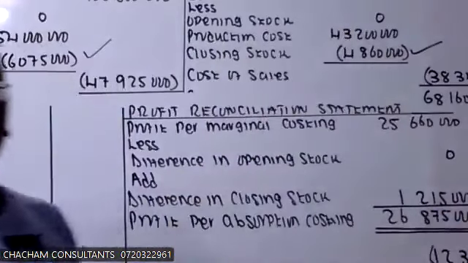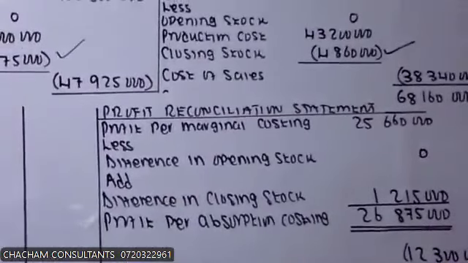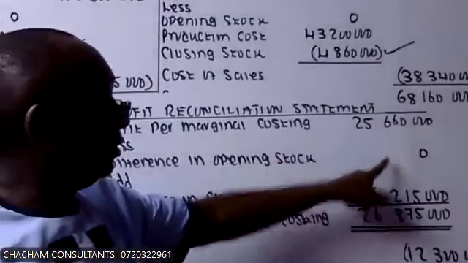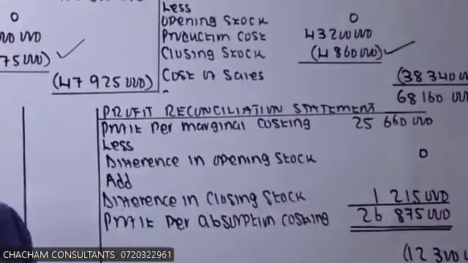And you can confirm that they are agreeing: if you take this, you less zero, you add this, it goes back. That's how we do the reconciliation for the marginal.